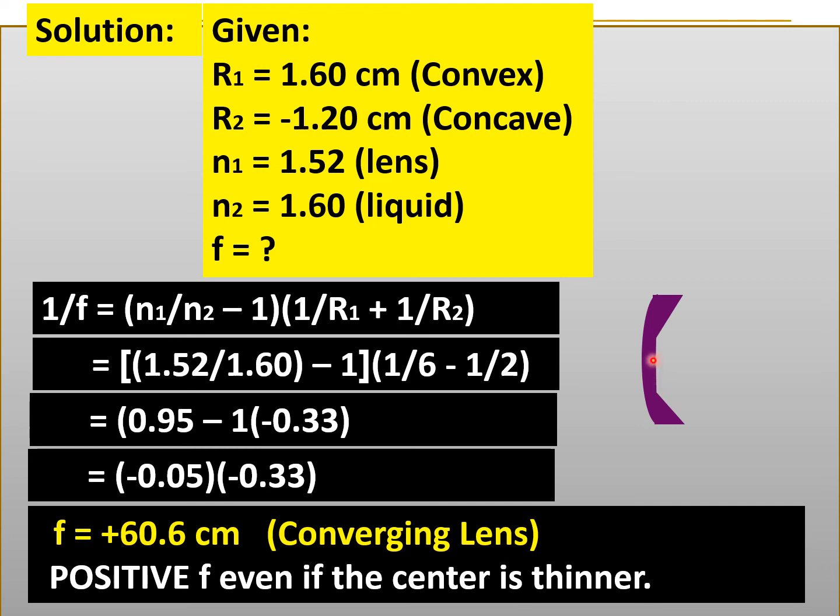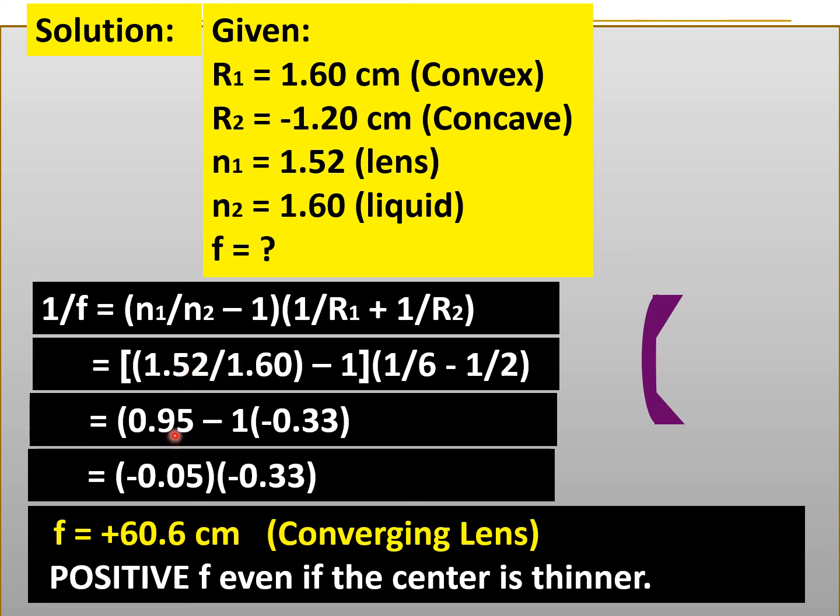The reason is that this particular lens is being immersed in a liquid whose index of refraction happens to be greater than the index of refraction of the lens material. So, if you notice our computation, that ratio 1.52 over 1.60 will result to a number that is less than 1, 0.95.